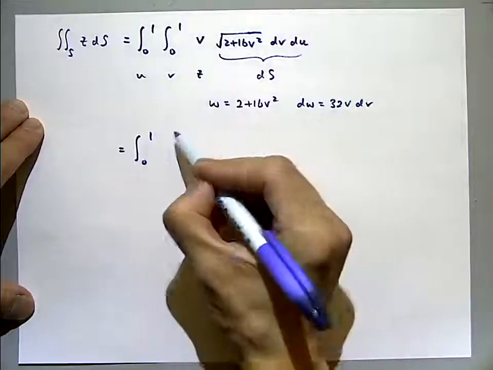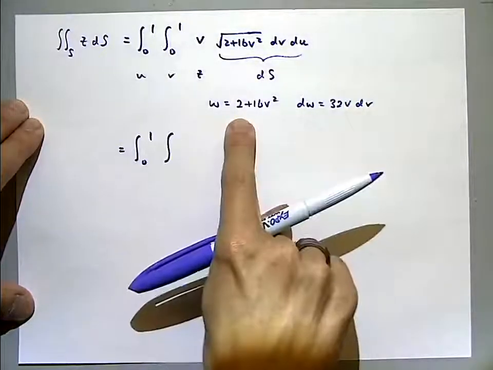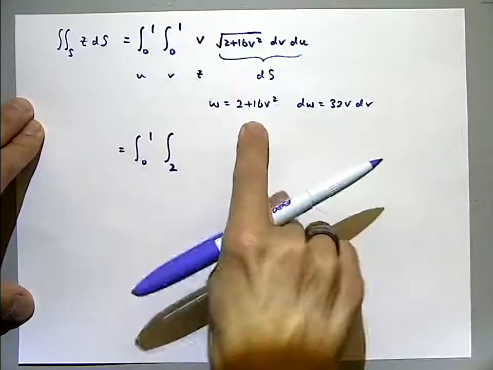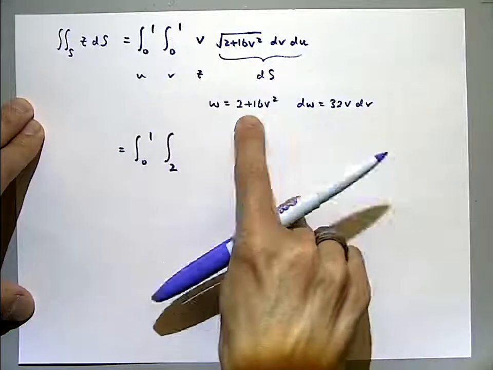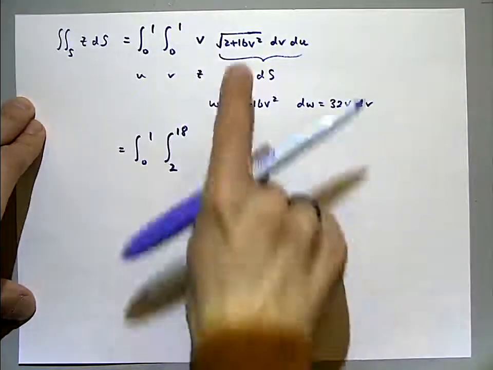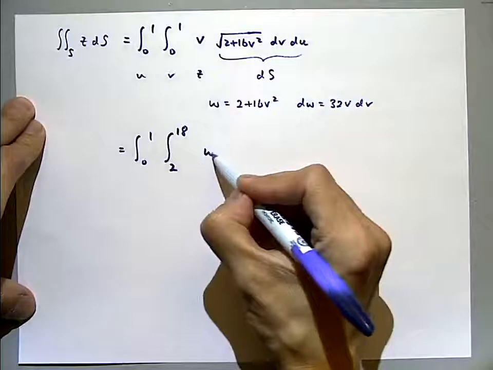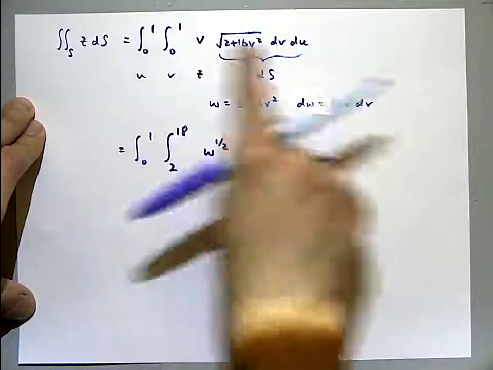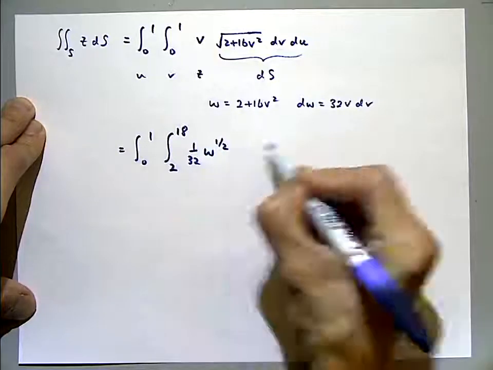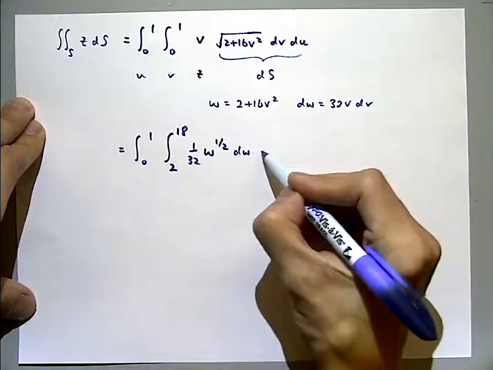When v is 0, w is 2. When v is 1, w is 18. And this stuff is w to the 1/2. v dv is 1 over 32 dw, and then du.